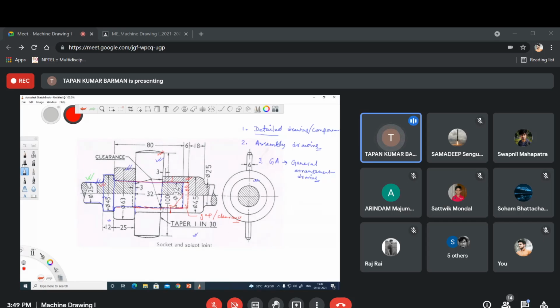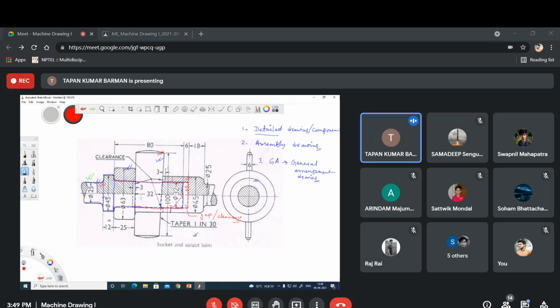Suppose you have one cylindrical object, say a rod or shaft. Then in one single view, you can show all the related information, or communicate fully. Now, for some components, like this one, with a single view it is not possible to show all the details.